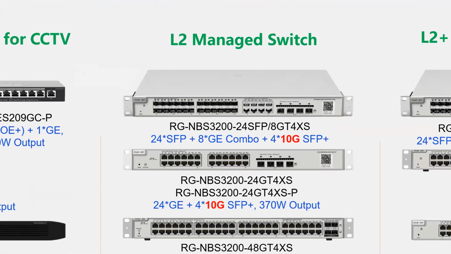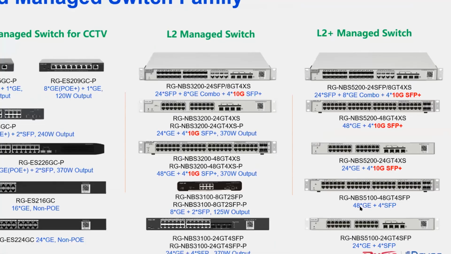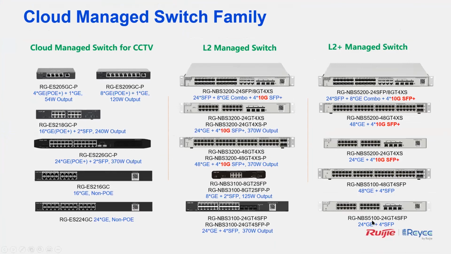Before, when we needed a fiber switch, we must choose 5750, a layer 3 core with many advanced features, and the cost is very high. Now we can have a fiber switch in a layer 2 switch. Similar is NBS 5K. Also 51 is 1 gigabit uplink, and 52 is 10 gig uplink.